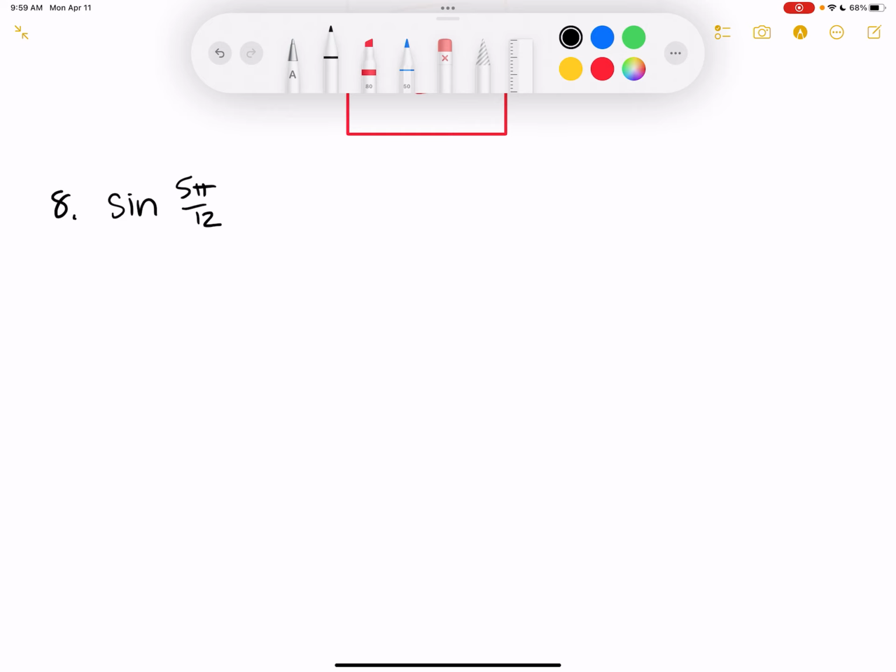Like if the zeros, if it's like 0 over 2, it's 0. It's undefined if it's on the bottom.